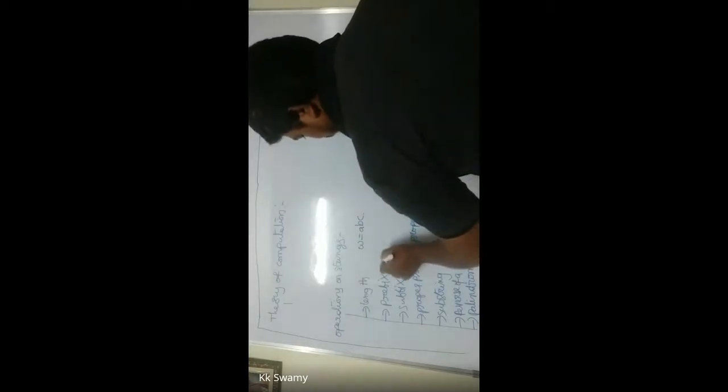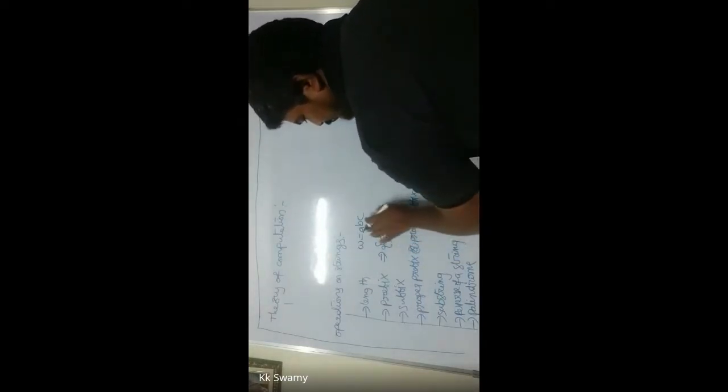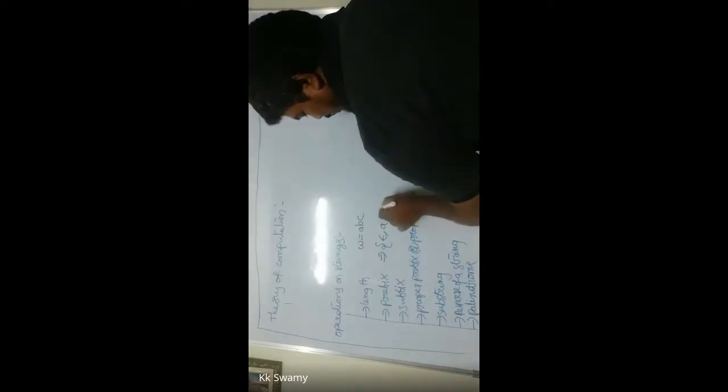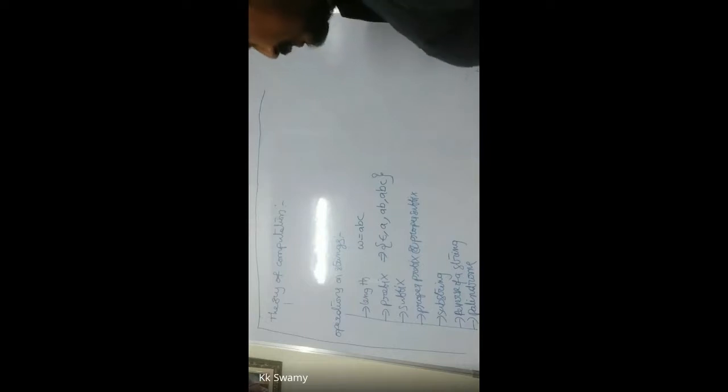Suppose W equals ABC. What are the prefixes? The prefixes are epsilon, then A. The prefix means leading symbols from the starting. Then AB, then ABC. Epsilon, A, AB, and ABC are called the prefixes of the string.